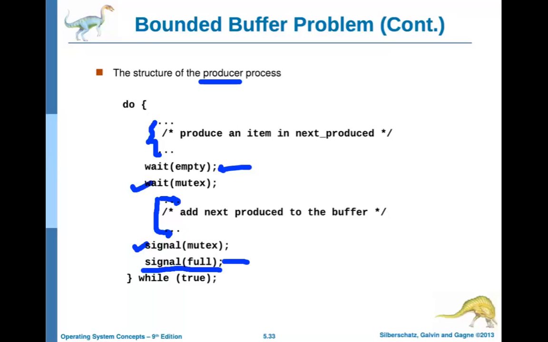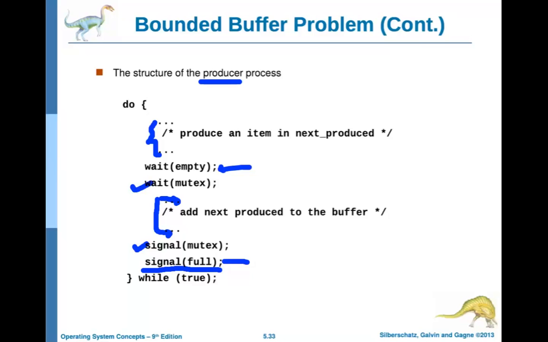So definitely I need to signal the number of elements available. Say for example, if initially it was 0, it becomes 1. If initially it was already 3, it becomes 4. So how many elements are there in the buffer? That is what it tracks.